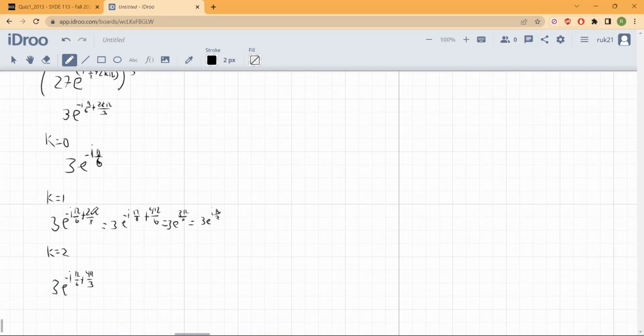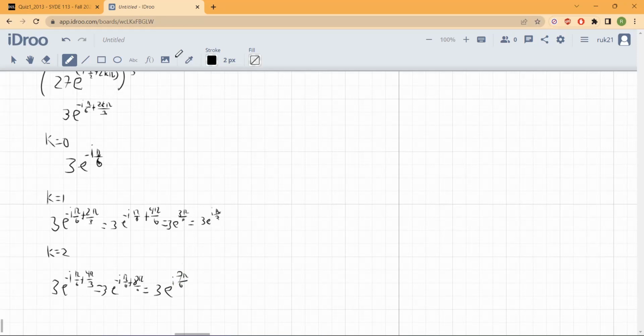That's going to equal 3e to the negative i pi over 6 plus 8 pi over 6, which is going to equal 3e to the i 7 pi over 6.